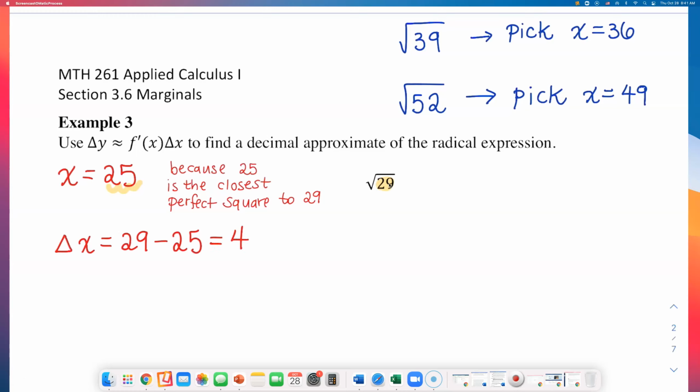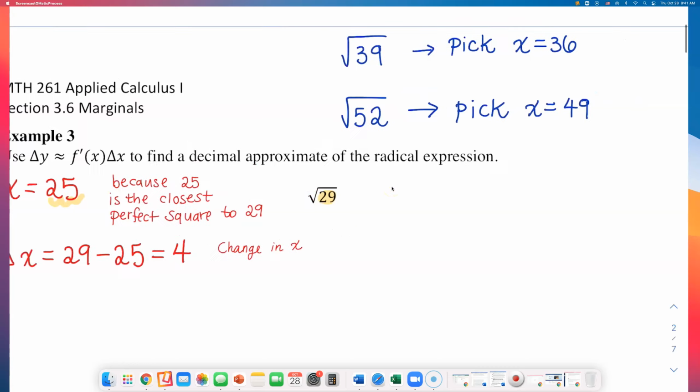So delta x is change in x. You simply subtract how far away that x value you pick is from the original x value that was given to us.